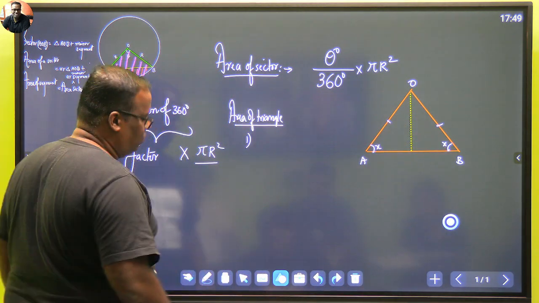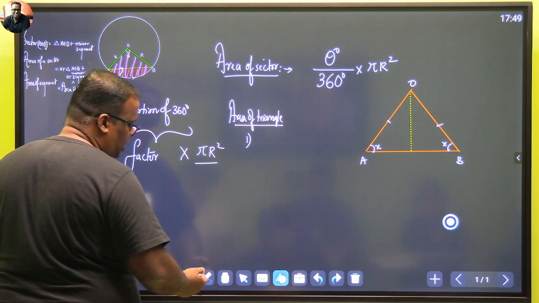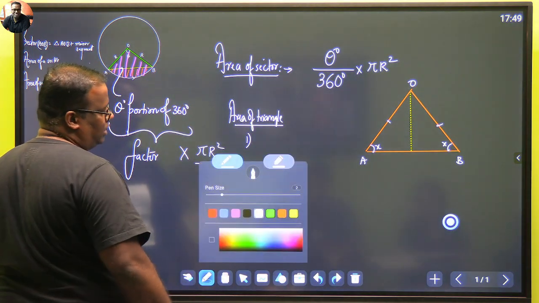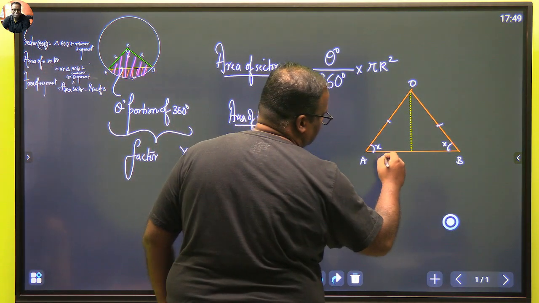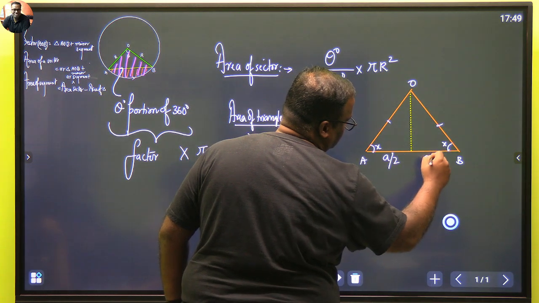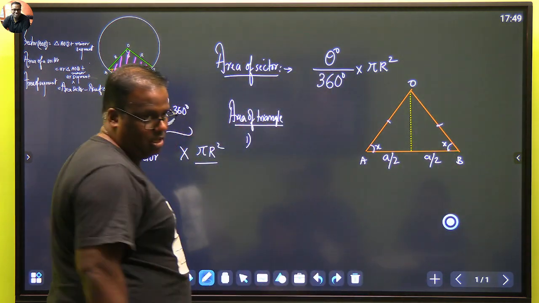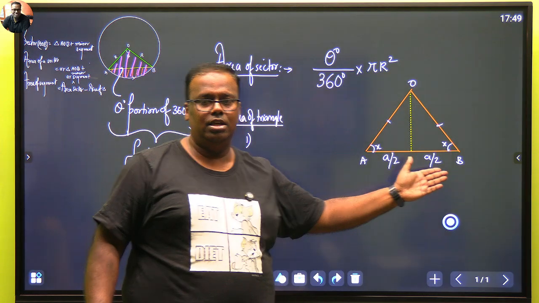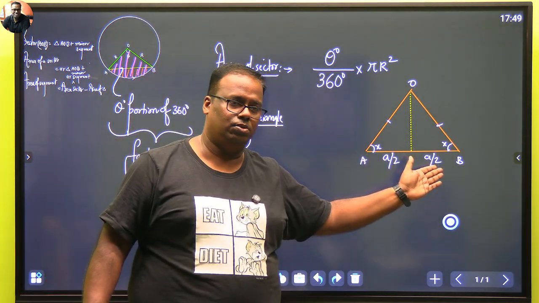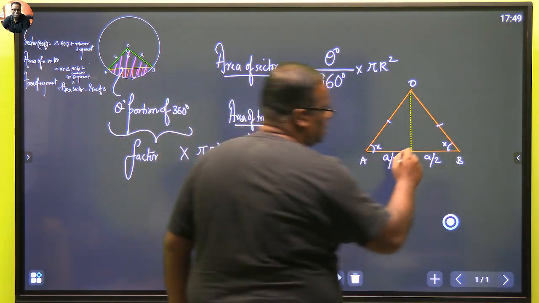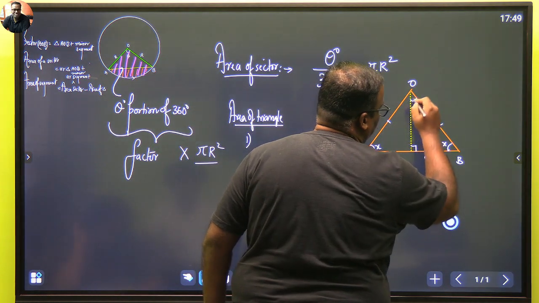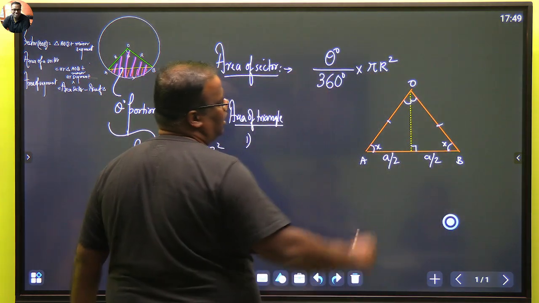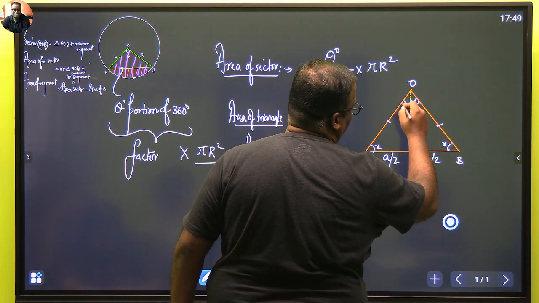So one of the important ways is that you should know the chord length. The entire chord is of length a, so this is a by 2 and this is a by 2, provided this is perpendicular. And if this is perpendicular, this angle should be equal to this angle, right? These two angles should be equal.